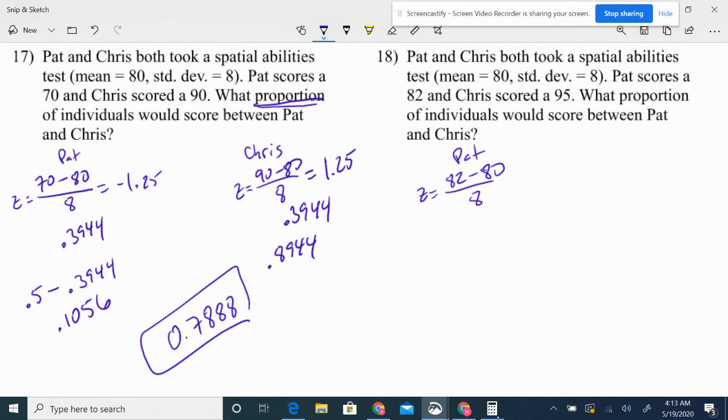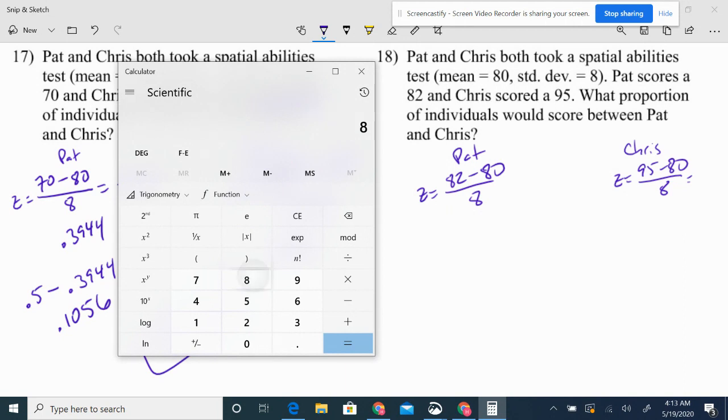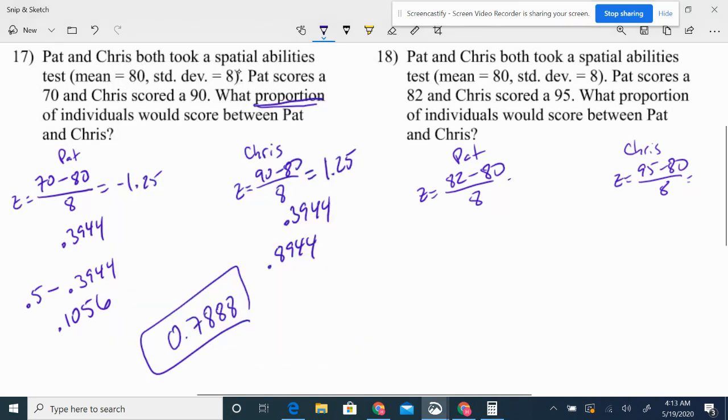I also have to figure out Chris. The z-score for Chris is going to be 95 minus 80 divided by 8. Let me figure it out. So 82 minus 80 divided by 8. For Pat, I have 0.25.